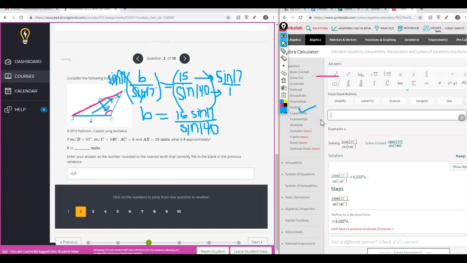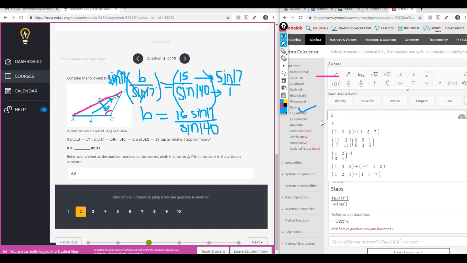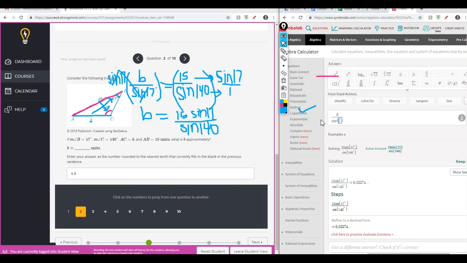Alternatively, if you have this down, you could write it out as b divided by sine of 17 degrees is equal to 15 divided by sine of 140 degrees. I'm going to put that in parentheses.